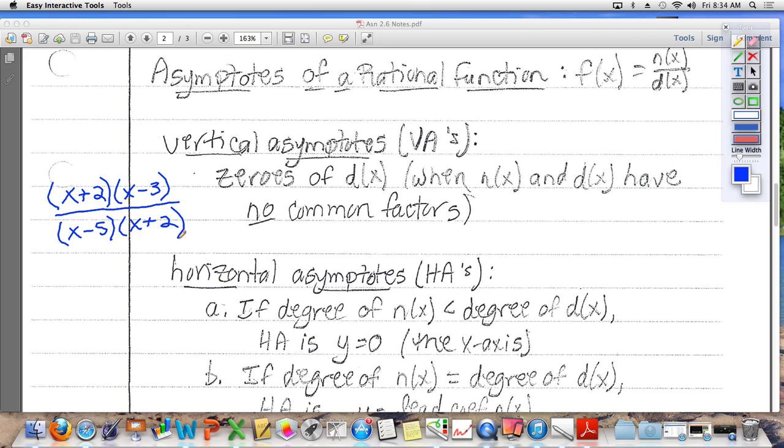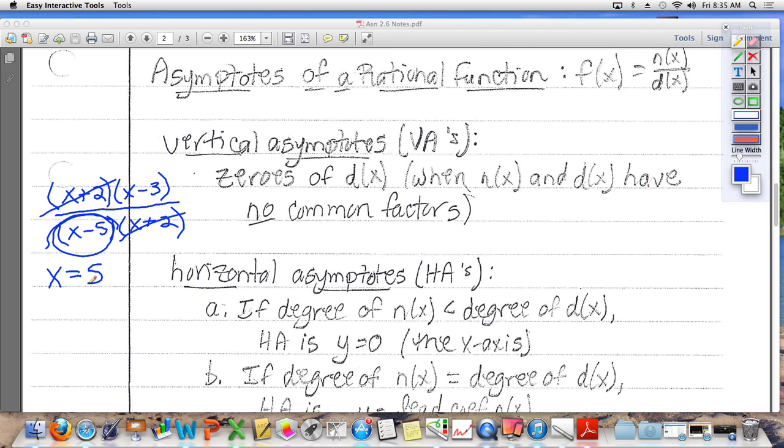But I said in the definition here, when n of x and d of x have no common factors. Are there common factors here? Yes. What's the common factor? Positive 2. So those x plus 2's would cancel out. So really, this is the only situation that's going to give you a vertical asymptote. So we'd only have one vertical asymptote in this case, and that vertical asymptote would be x equals 5.